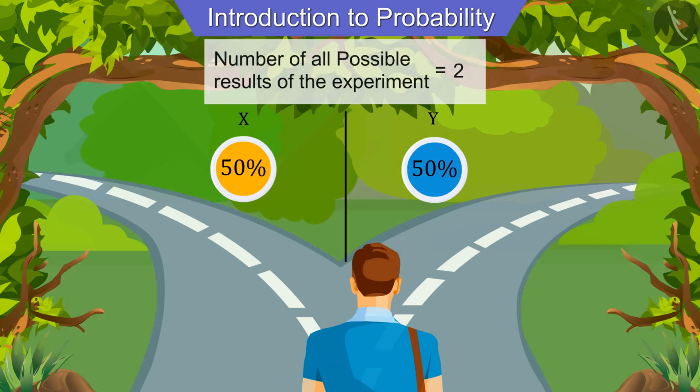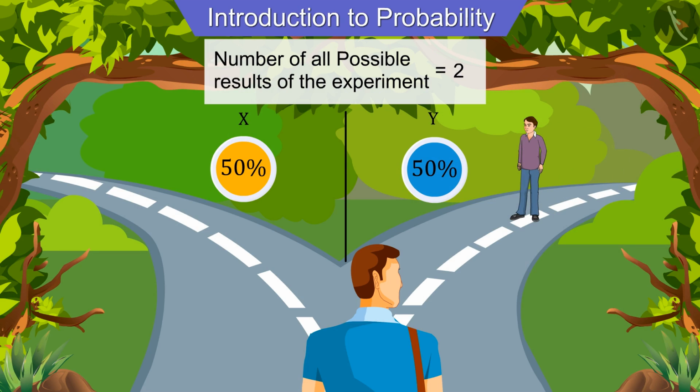Let's come back to our first position. Joseph was just choosing the right path. Until then, a friend of his, Mohsin, comes there, who tells him that road Y is the right way. In such a situation, the probability for road X changes to 0, and that of road Y becomes 100%.